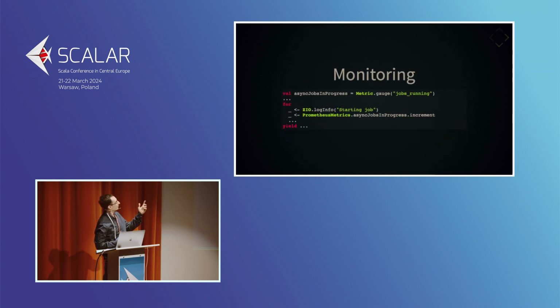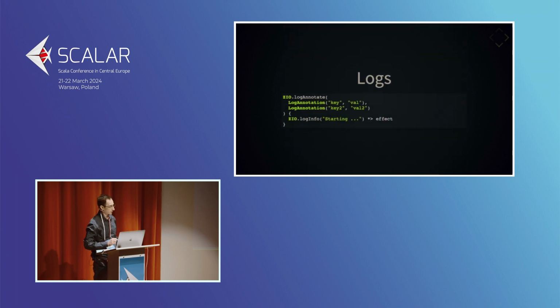Okay, here's the example of monitoring. I think, yeah, Prometheus metrics. So we have a metric which is incremented once we start some background job. Of course, also an example of logs. In case of logs, we can also encode some additional annotations, additional information that can help us later trace what happened.